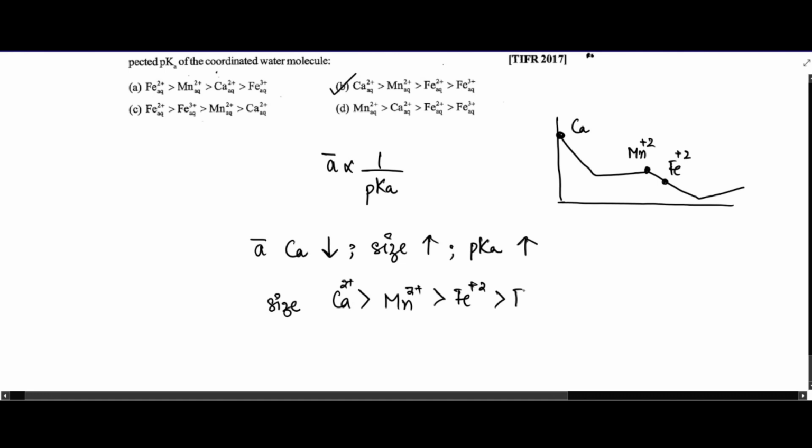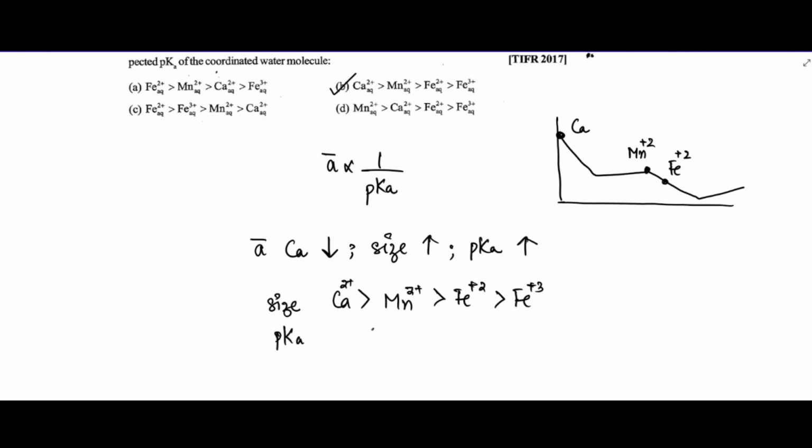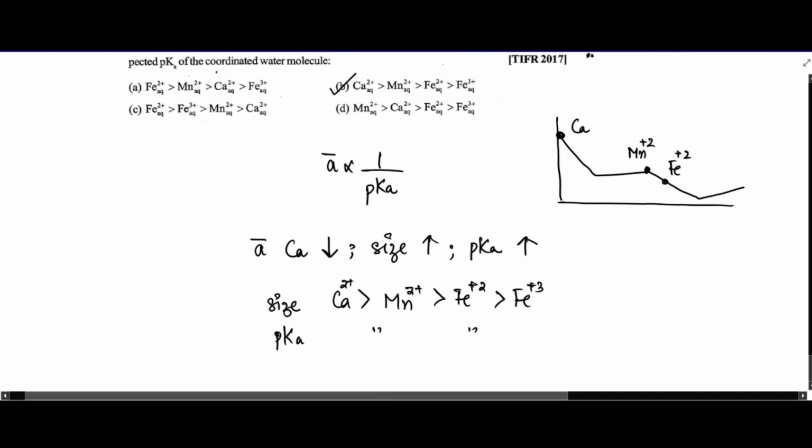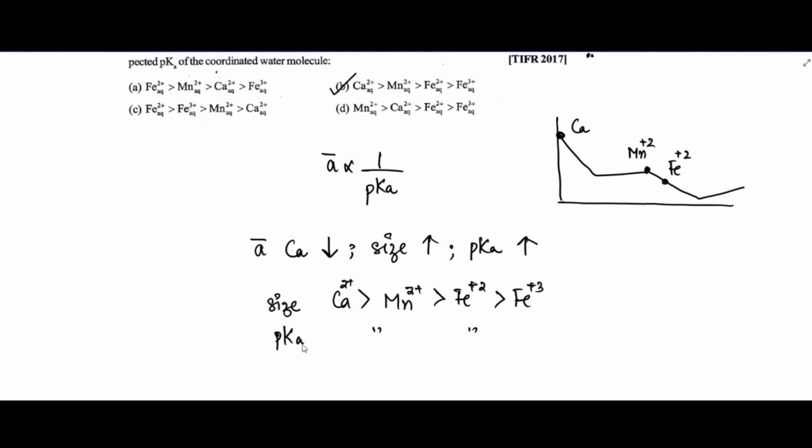Iron 2 plus നെക്കാട്ടും ഡെഫിനറ്റ്ലി ചെറുതായിരിക്കും iron 3 plus. എന്താണോ സൈസിന്റെ ഓർഡർ അതേ ഓർഡർ തന്നെയായിരിക്കും pKയുടെ. കാരണം pK and size are directly proportional. Not A. B. നേരത്തെ ആൻസർ ആയിരിക്കും അല്ലേ? Okay.